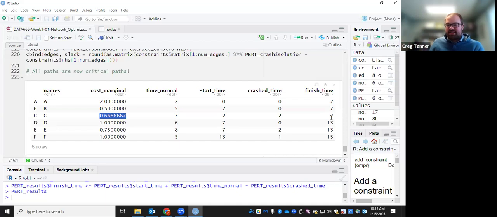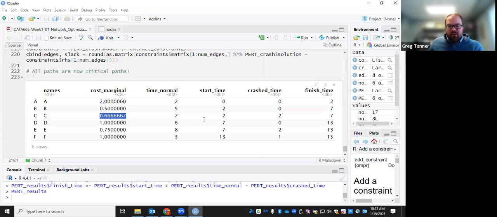But after crashing C by 2 units, they finish at the same time, and now B is actually on the critical path as well. So if we wanted to start D and E any earlier, we'd have to crash both B and C at this point, because now they're both on the critical path that goes through D and E.